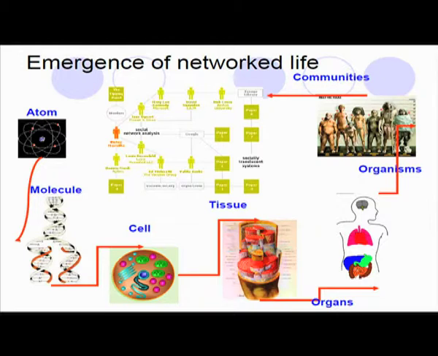These cells then have complex interactions to form tissues. Tissues interact with each other to result in organs. Organs interact with each other to form organisms, the way we are, and these organisms then interact with each other to form what you see today in Facebook and Twitter, social networks.